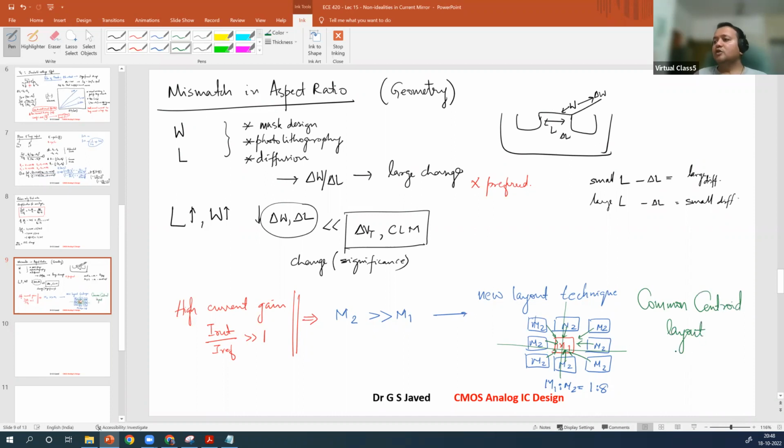Okay. So with this technique, what you can do is, for any ratio up to 1:8, you can follow this layout, but not connect the devices. For example, if you only want 1/4, then you can omit the corner devices and only retain these two devices.